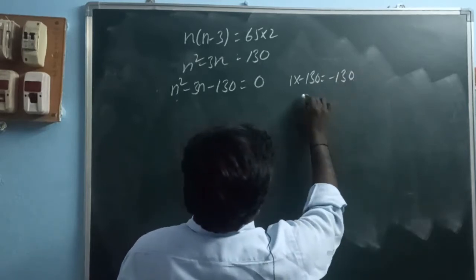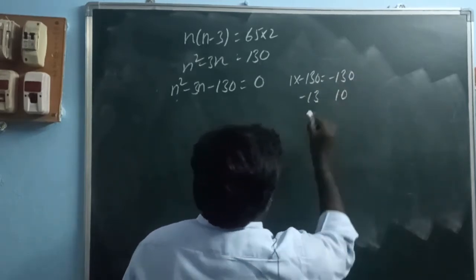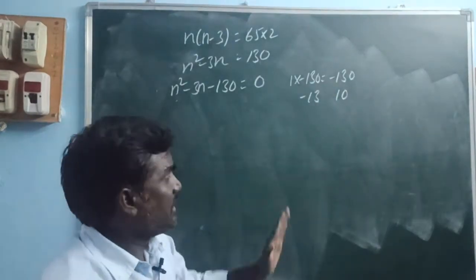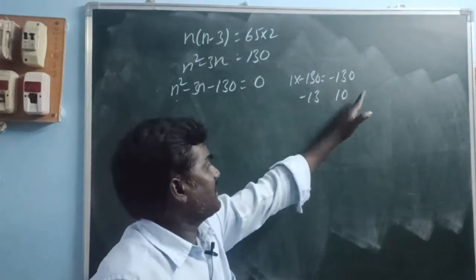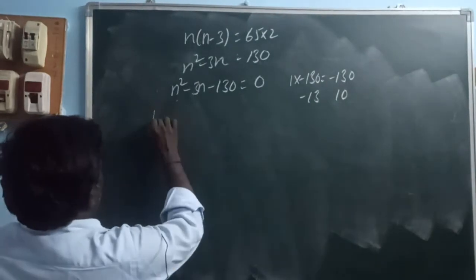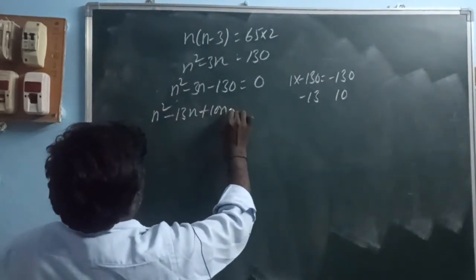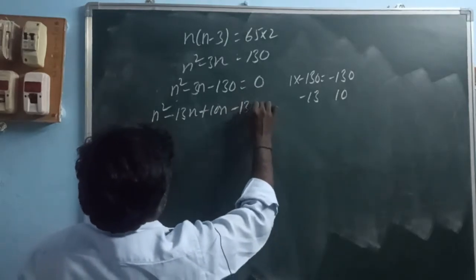We need two numbers with product minus 130 and sum minus 3: minus 13 and plus 10. So n square minus 13n plus 10n minus 130 is equal to 0.